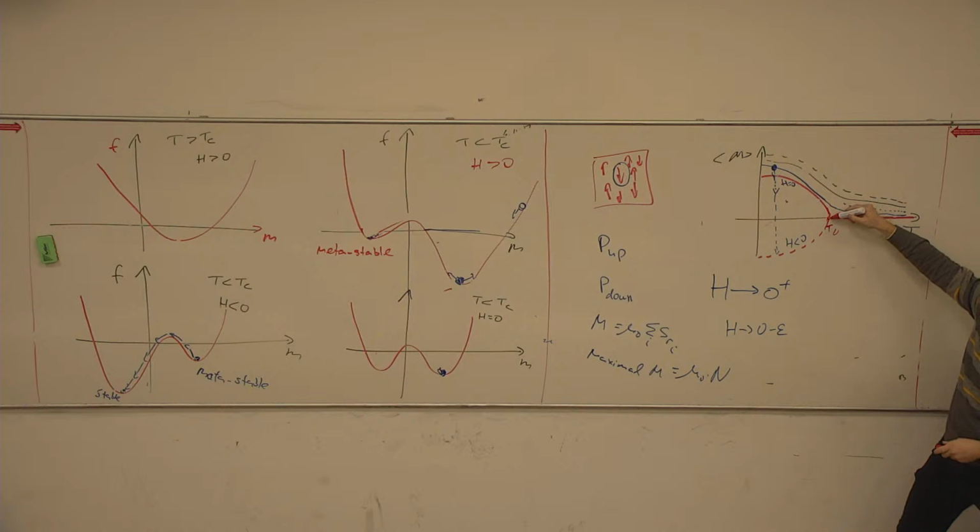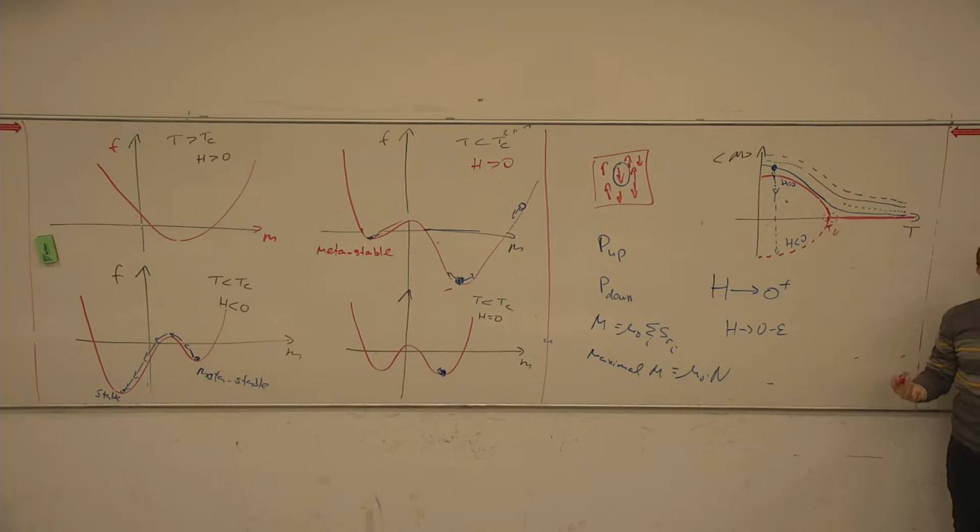And we are choosing this additional solution, so there is a net magnetic moment. So for the transition as a function of T for h equals 0, there is something special about this point, but there is no net jump. Right? So this is definitely not a first order phase transition.